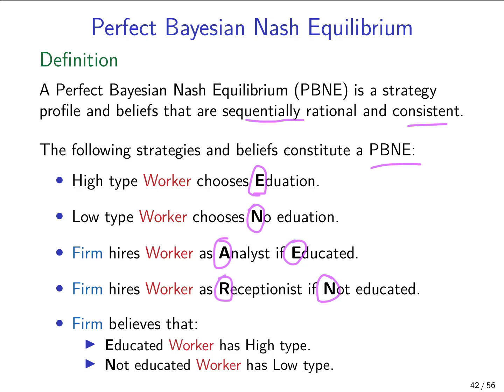And the belief is such that the educated worker is the high type and the non-educated worker is the low type. Okay? So here we have strategy and we have belief, and together they constitute a perfect Bayesian Nash equilibrium.